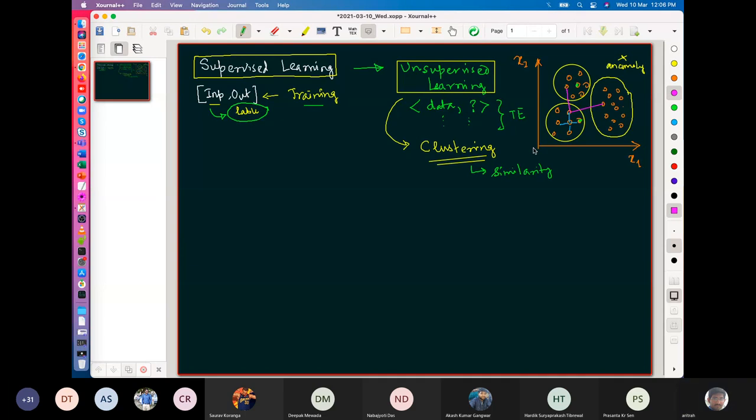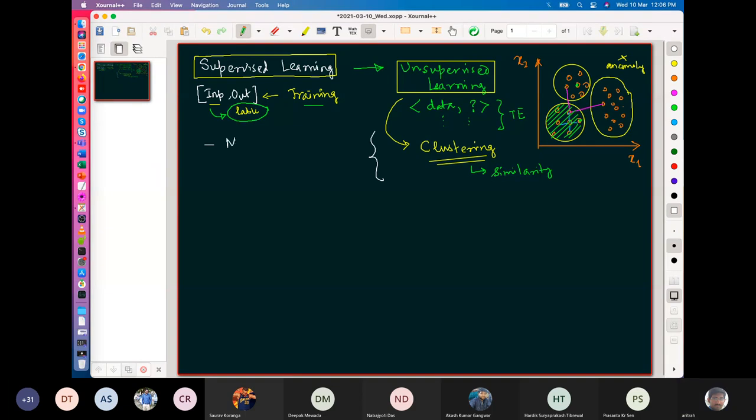So when we say that we have put a set of points into a cluster depending on the similarity, our goal in clustering would be twofold.